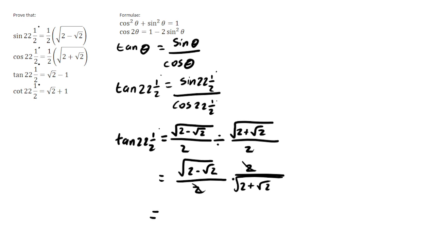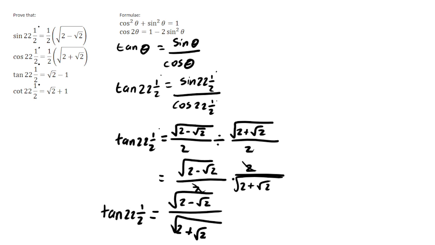So we get, alright, so that's what we have now. Tan 22.5 equals root 2 minus root 2 divided by root 2 plus root 2.